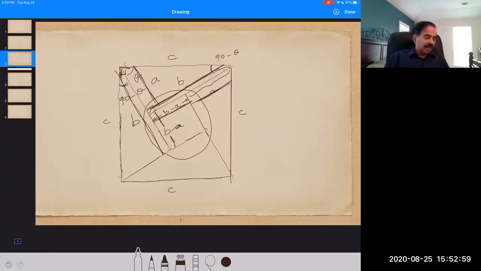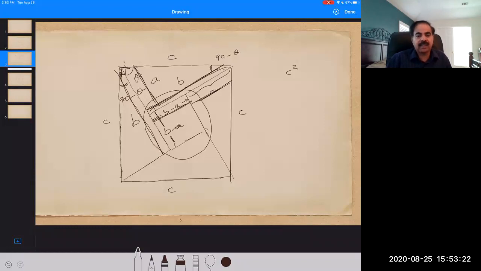So we haven't really done much in terms of the proof yet. We just have arranged this triangle in some way and shown that if you arrange them this way, then you'll have a B minus A square in the middle, okay? So now the proof, but we certainly know that this square has an area of C square, right? So that much we know.